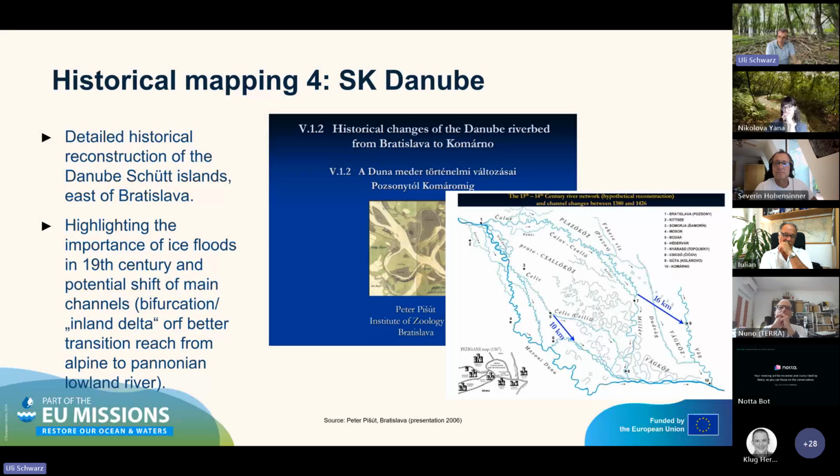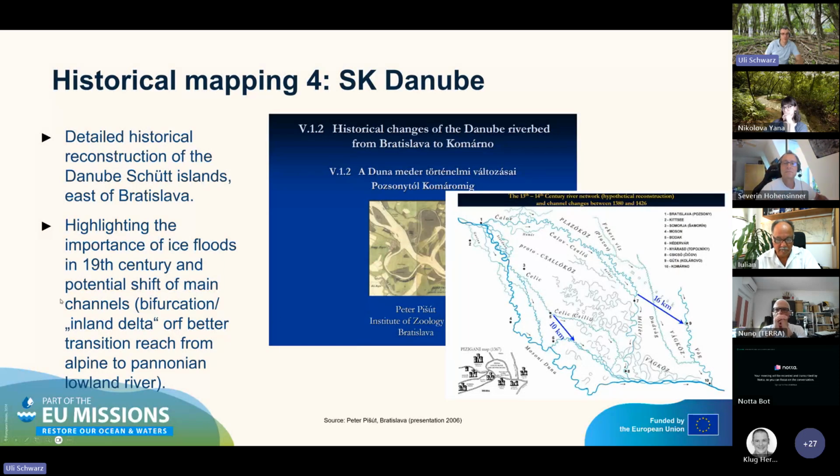And the river spreads out, and we have here in this Szigetköz and Schüttinsel even 3 stems of the river: the northern part in Slovakia, the middle one, which builds the border, and the southern one, the Mosoni Duna, which builds the southern one.